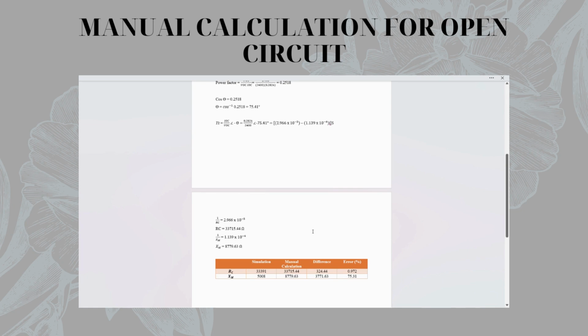So 1 over 2.966 multiplied by 10 to the power of -5 is equal to 33,715.44 ohms, while the XM is equal to 8,779.63 ohms. And that's it for me. Thank you.